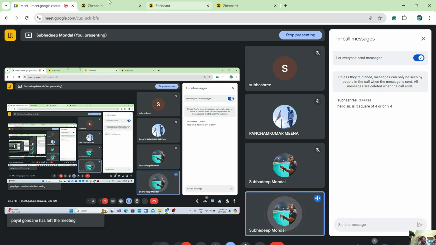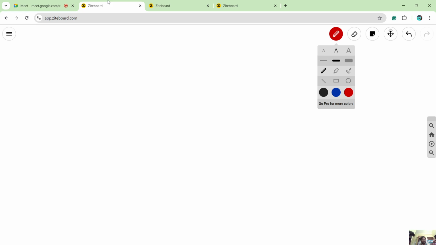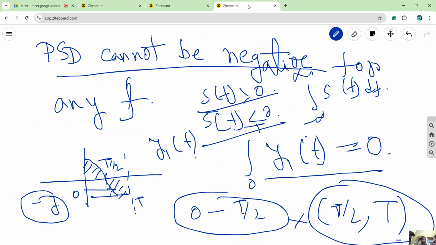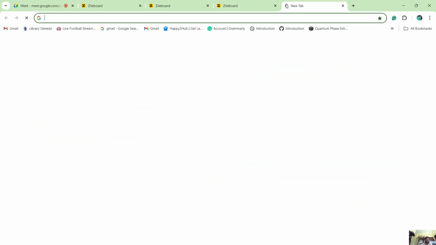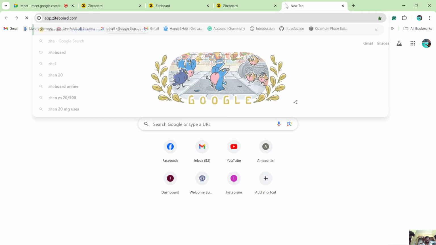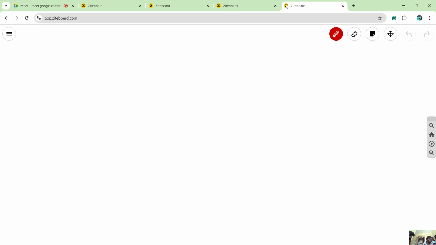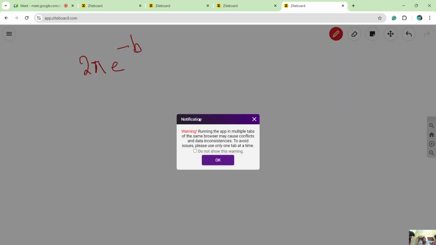Square of 4, where was it actually? Wait a minute. So it was like 2 pi e to the power minus b mod of omega.